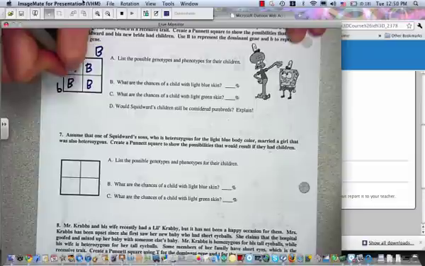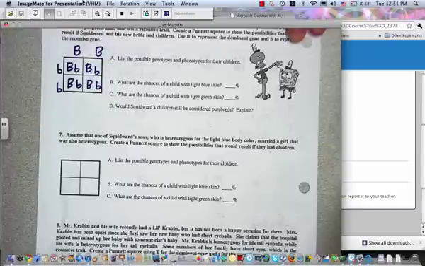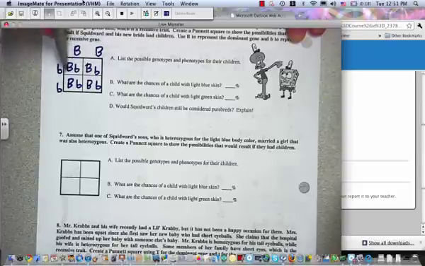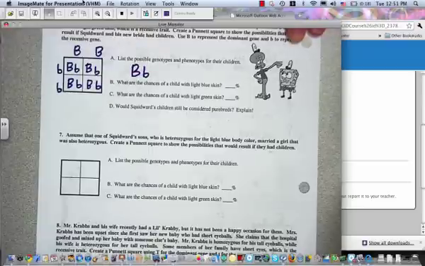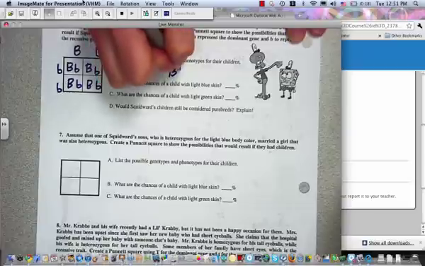Bring the lowercase b's from his bride over. List the possible genotypes and phenotypes. Genotypes, letters, phenotypes, physical characteristics. Well, they all have a capital B, and they all have a lowercase b. So this is their only genotype, and therefore their only phenotype is they would all be blue.